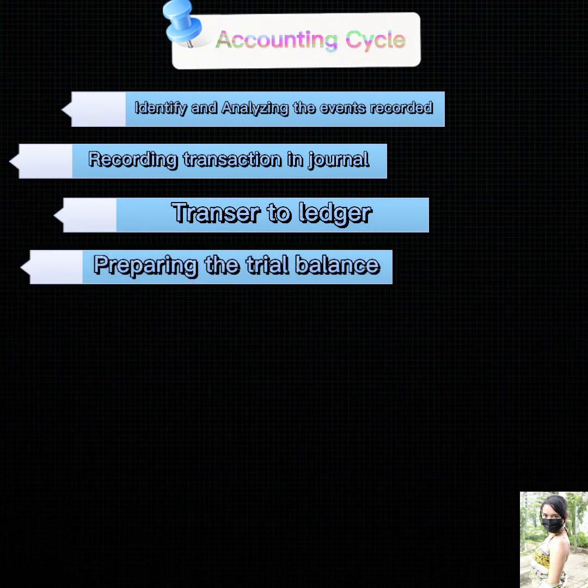The next step is preparing the trial balance. The trial balance is the source of all financial statements, and that's why special attention should be given to it. From the closing balances of the general ledger accounts, an unadjusted trial balance is prepared. The debit balances will be recorded on one side and the credit balances on the other side.